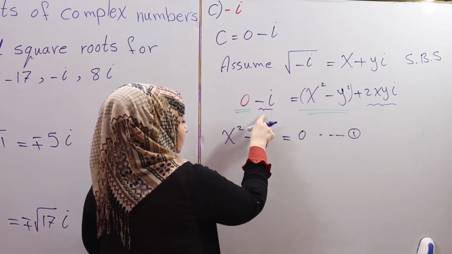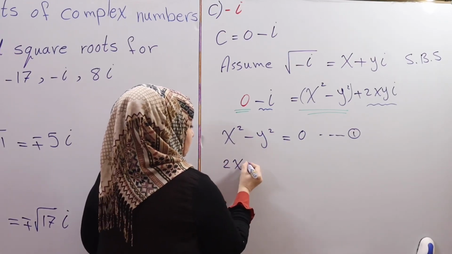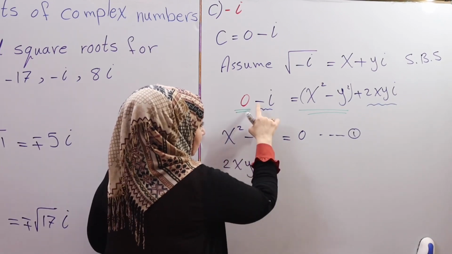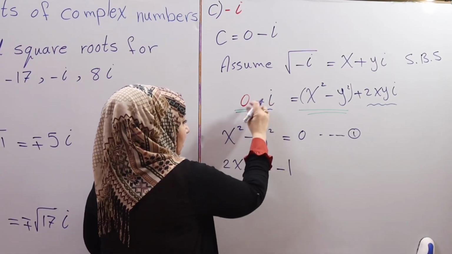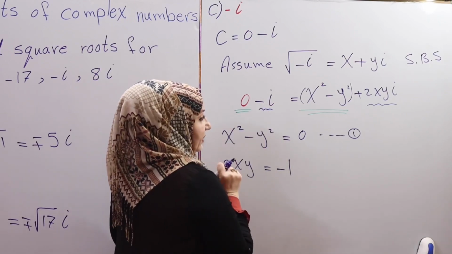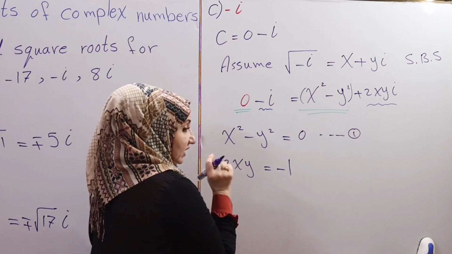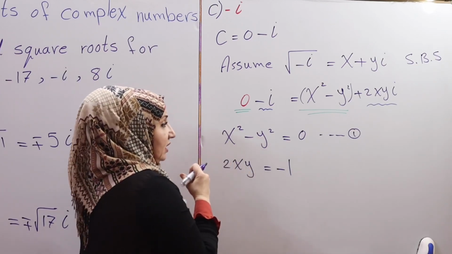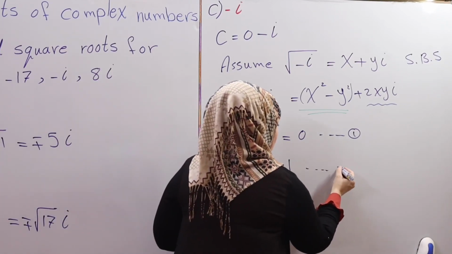The second equation, the imaginary part, 2xy equals negative 1. We take only the coefficient of the imaginary part, we don't write the i. Now this is the second equation.